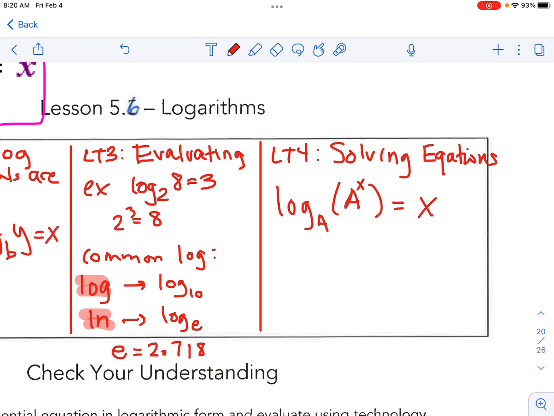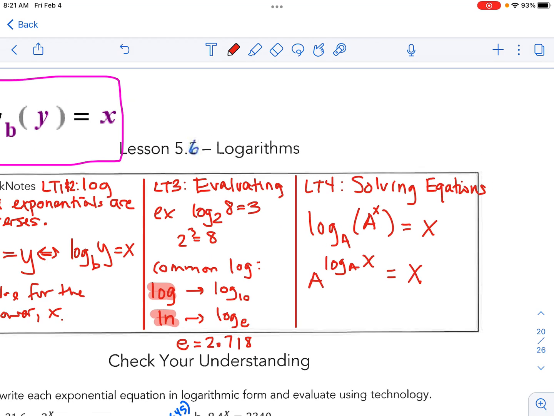We can use that to help us shorten the solution process. And likewise, if we have any base raised to a log power with the same base of a number, that also just equals the number.